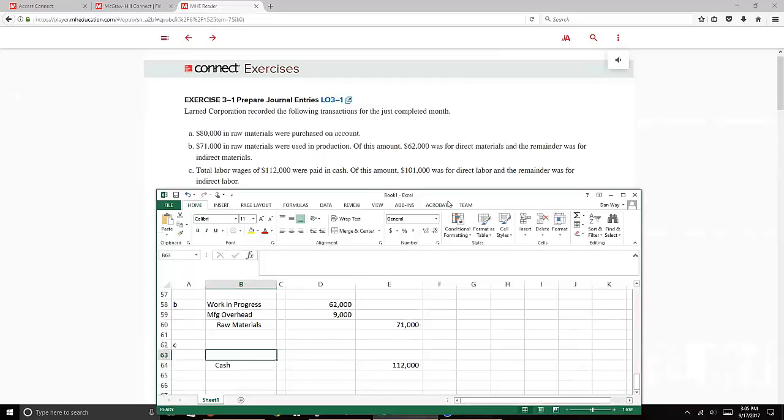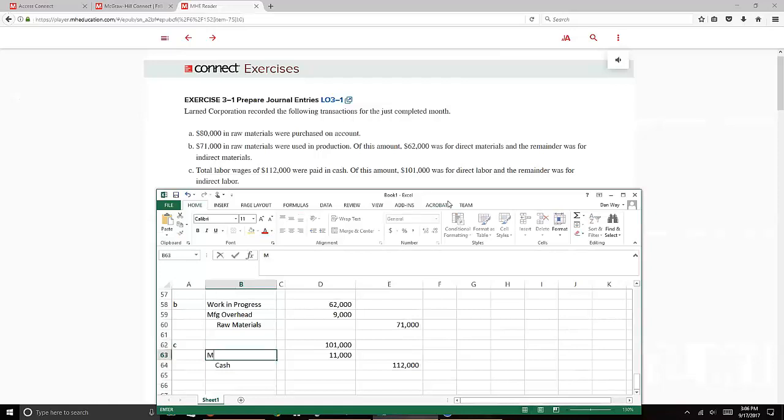112,000. Of that amount, 101,000 was for direct labor, and the rest, the other 11,000, was for indirect labor. So now we just need to decide where those costs go. All of our indirect costs, we said, go to manufacturing overhead.